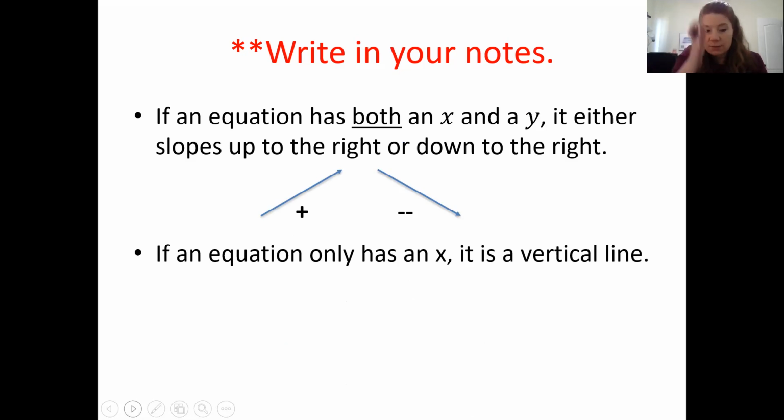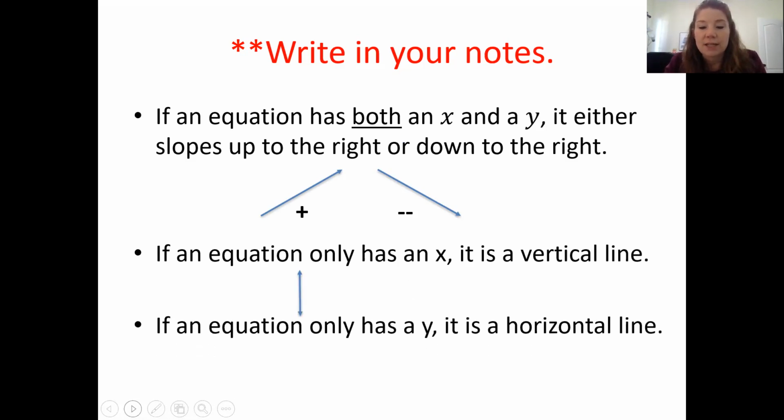A vertical line goes this way. If you end up with an equation that has only a y, that means you're going to end up with a horizontal line. Okay, so if it has both an x and y, it either slopes up or down to the right. If it's got only one of the two variables, it's either going to be horizontal or vertical.